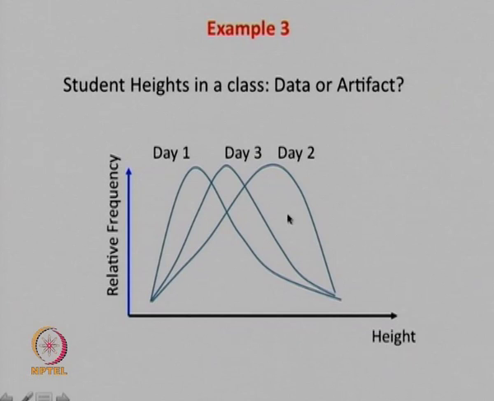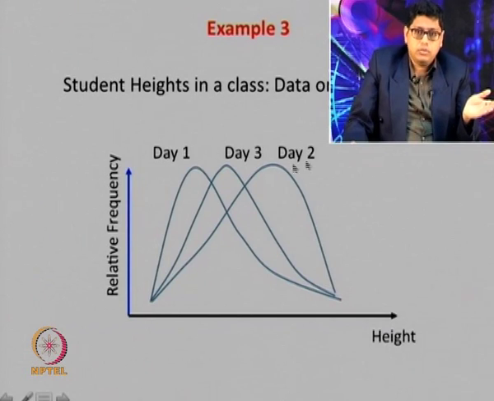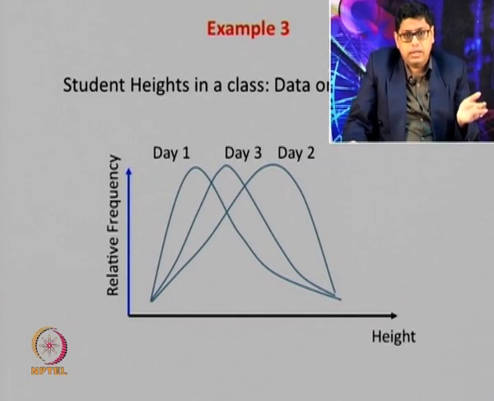So, what are the qualitative aspects of these curves which are different? What I can clearly see is, if I look at the maximum peak height, where you have the maximum number of observations, it is at this value to the left on day 1, to the right on day 2 and to the middle on day 3.